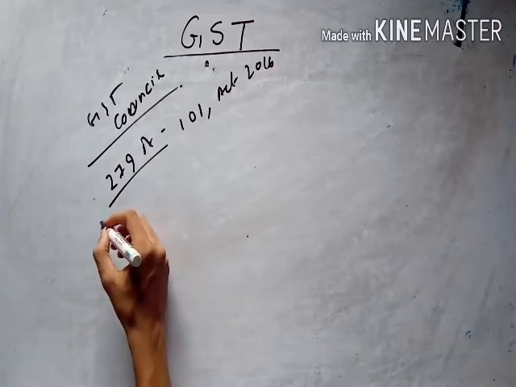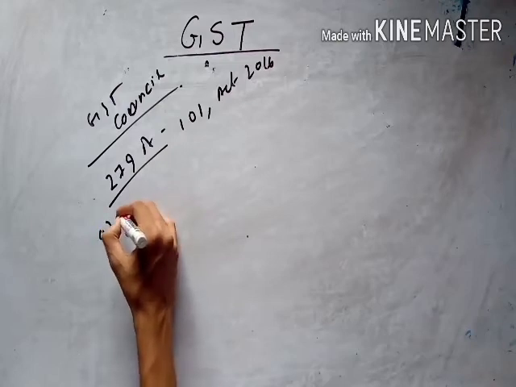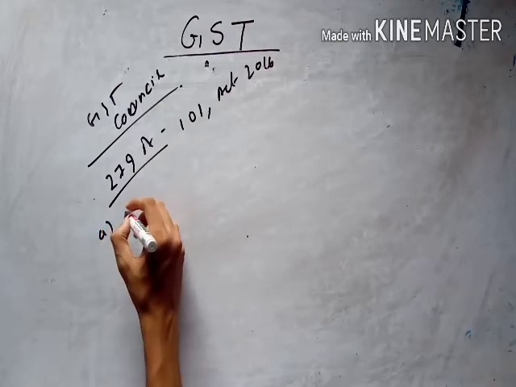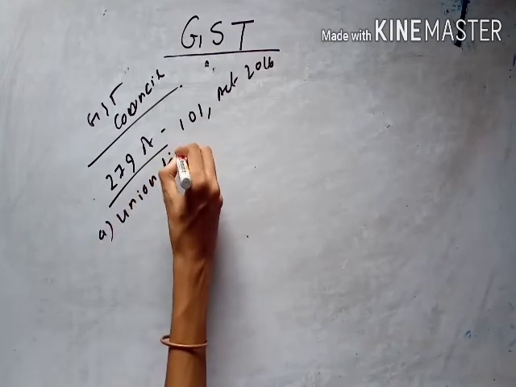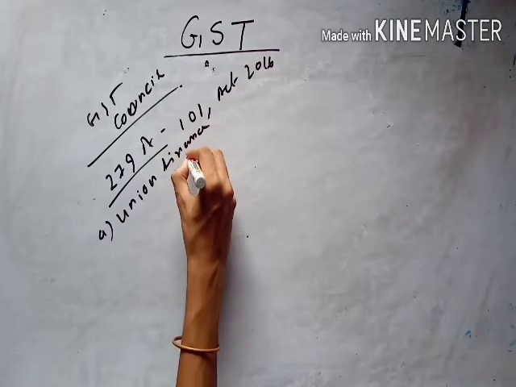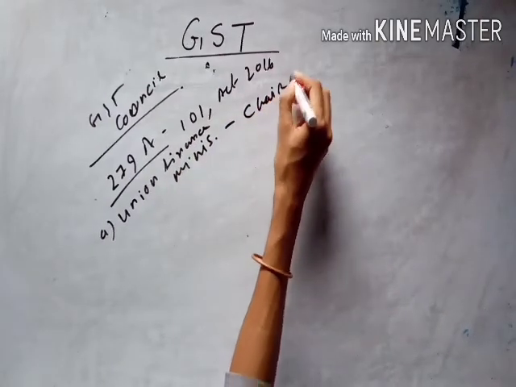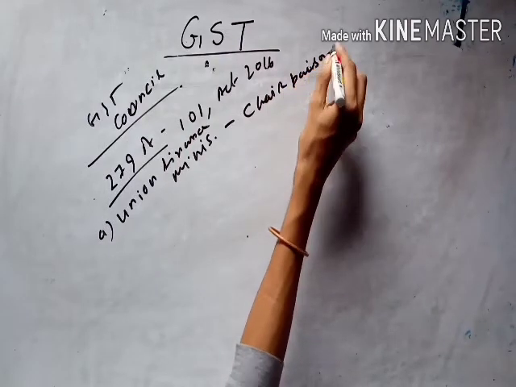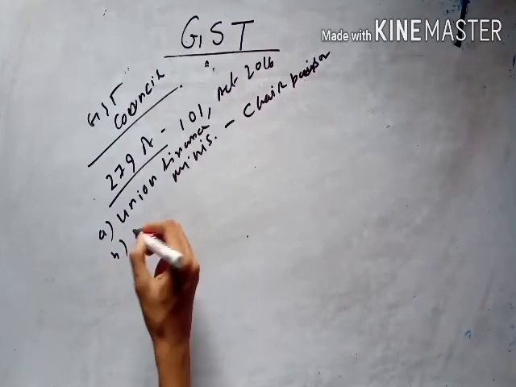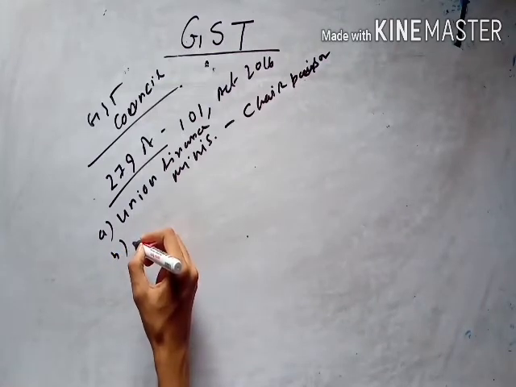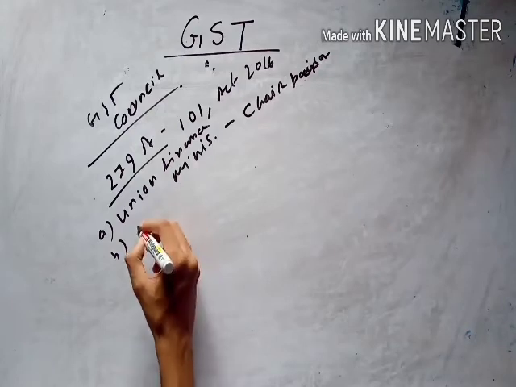Now, the GST Council consists of the following members: the Union Finance Minister, who is the chairperson; and next, the Union Minister of State in charge of revenue or finance, who is a member.